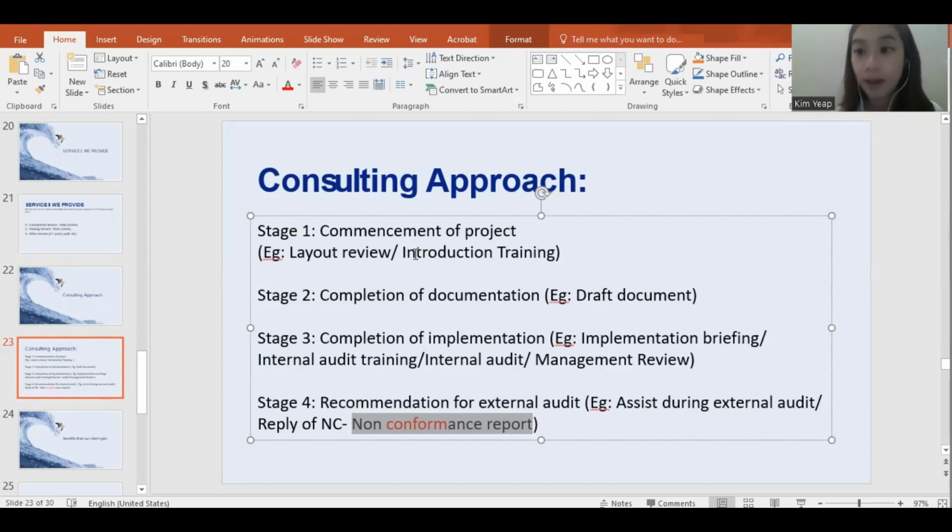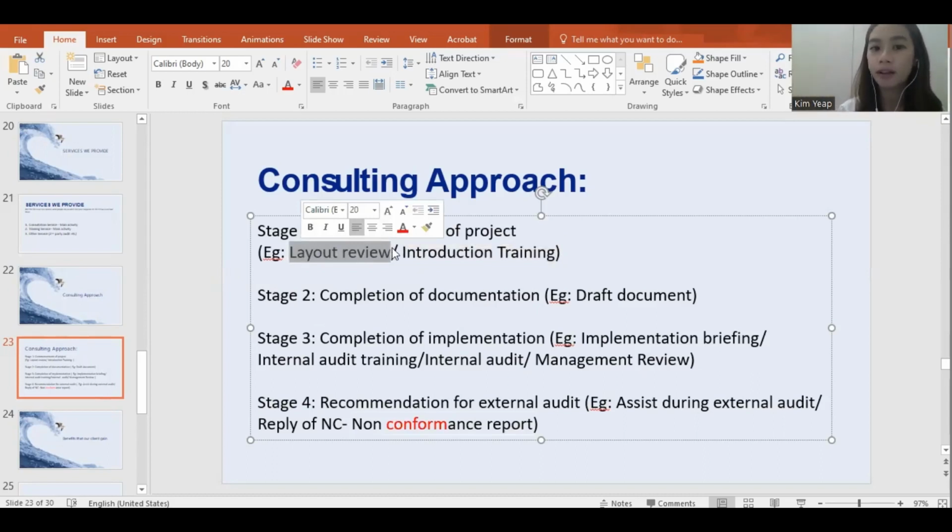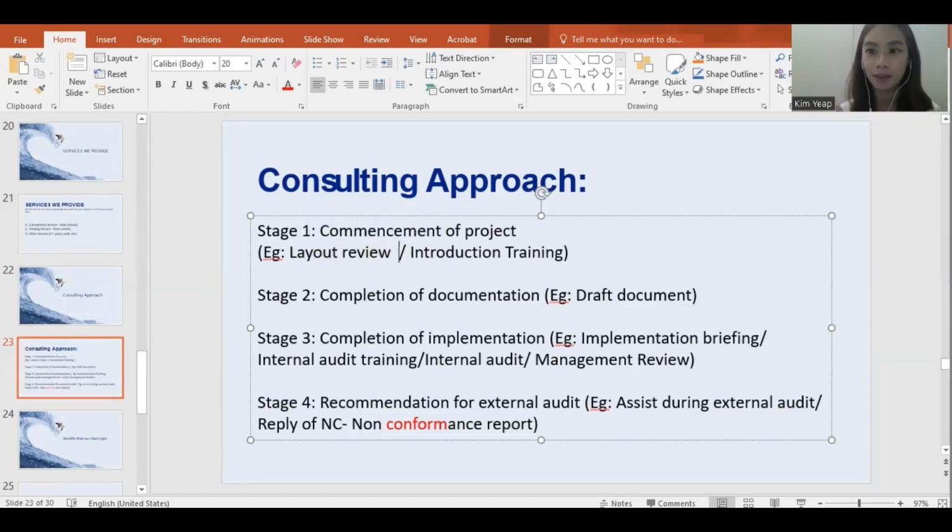For example, food safety. Like for example, 9001, 14001, when we start the project, we straight away start with a training. We don't need this. What is layout review? Layout review means we need to review the place and give comments. This one is for food projects, food safety projects. Still remember what they are?